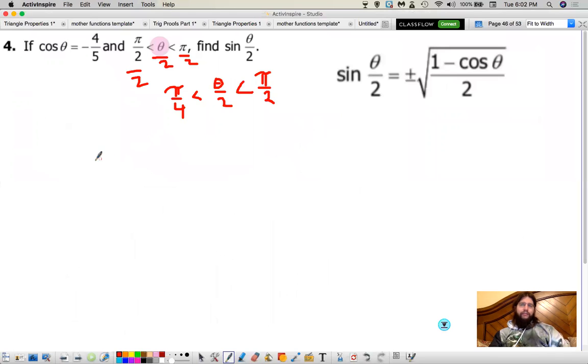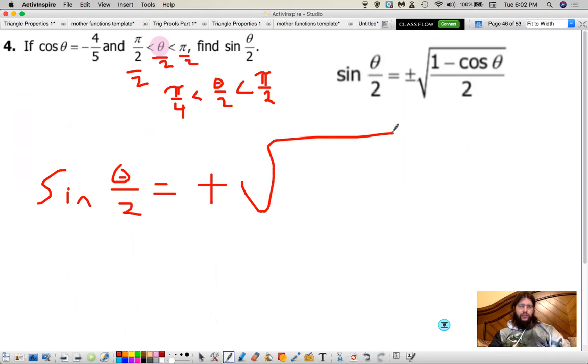So we know we have positive. In fact, I'm going to emphasize that. Positive square root of 1 minus cosine theta over 2. No, you wouldn't only draw the plus sign, but I want to make sure you see this is positive because right here.